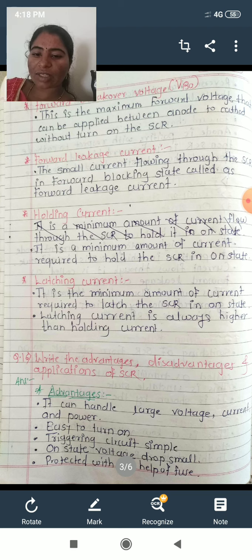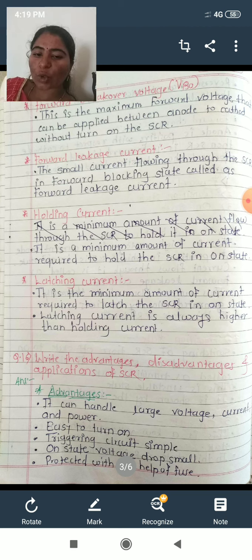Next advantage is, as it runs at very high frequency, it can easily turn on quickly and completely, and also easily turn off quickly and completely. Next advantage is the triggering circuit required for the SCR is very simple.